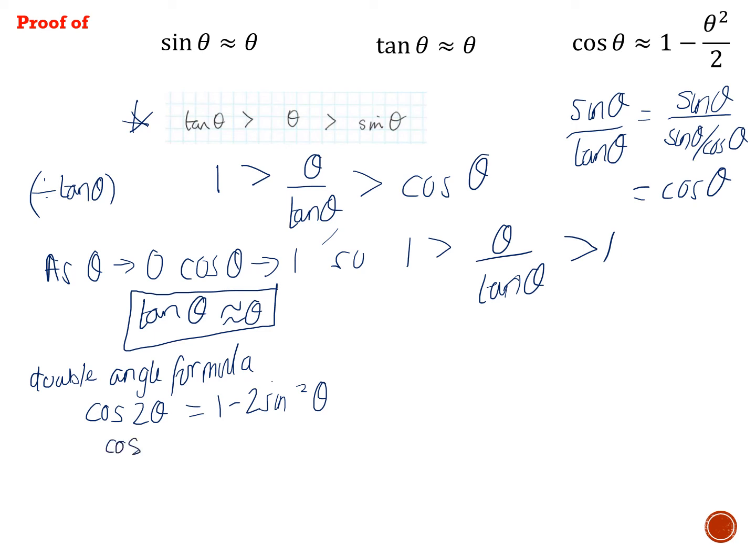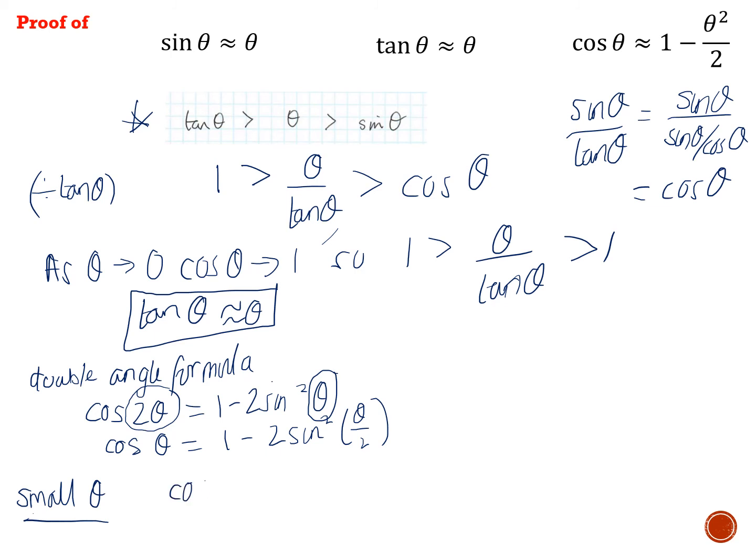So that is equivalent to saying cos theta is equal to that, because with the double angle formula, this angle here is always double this angle here, so that's the same as that. So for small theta then, what I can do to get my cos theta approximation is I can make use of my sine theta approximation. Now we know that sine theta is approximately equal to theta.